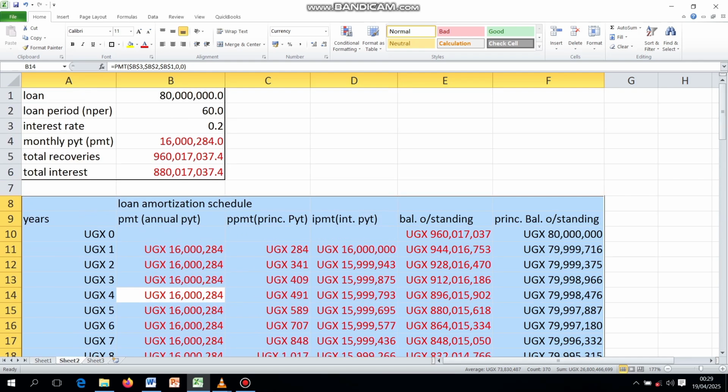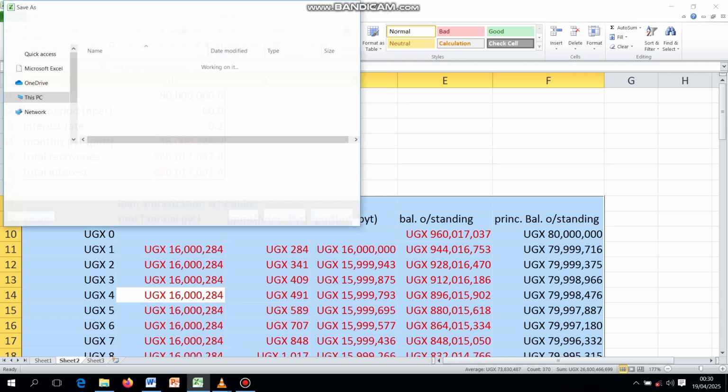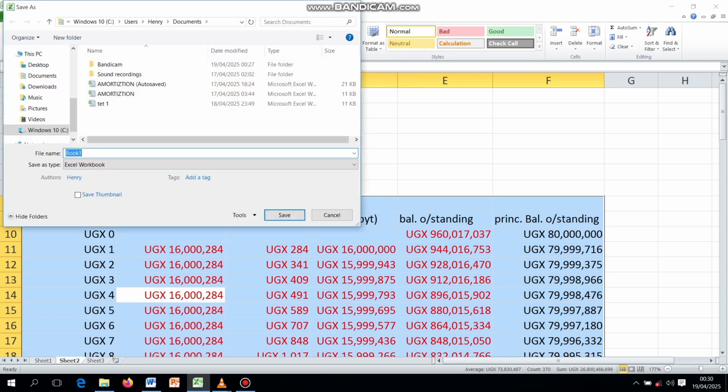So I finished, I've added the borders, everything is fine here. So I'll come and save my work as amortization 45.